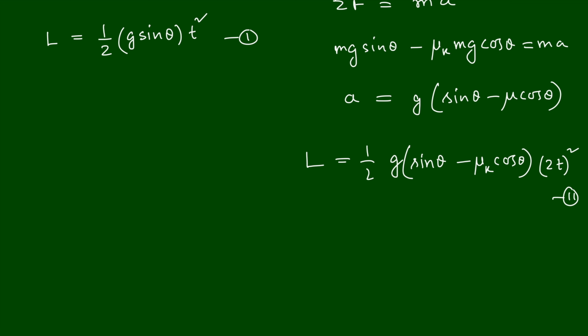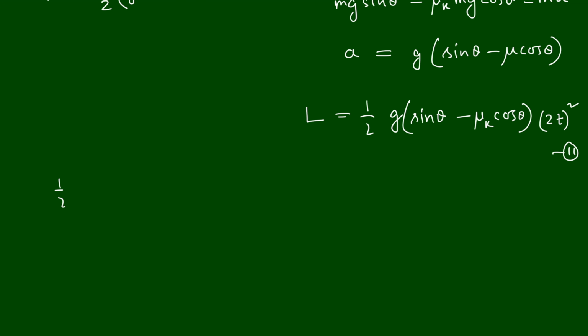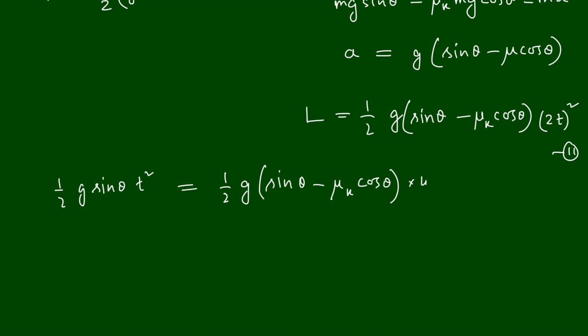We'll equate them, then you will get half of g sin theta t square is equal to 1 by 2 g sin theta minus mu k cos theta into 4t square. So here t square cancels out, g cancels out, 1 by 2 cancels out.